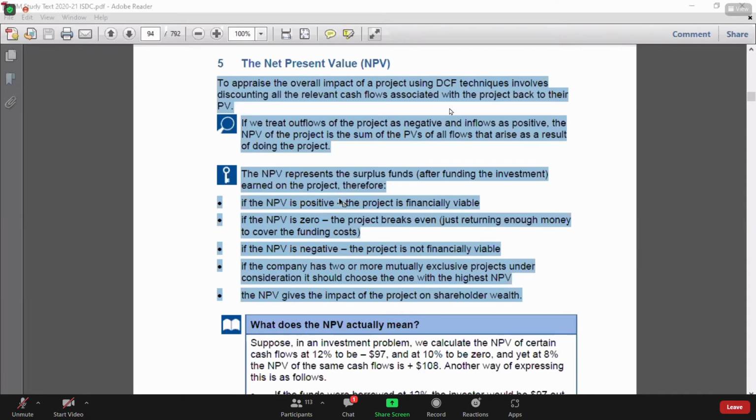Okay. So I hope you are asking about the last one, right? NPV gives the impact of the project on shareholders' wealth. It means that whenever the finance manager is selecting a project, the main point he needs to focus on is whether the project has the capacity to maximize the wealth of shareholders, or technically whether the project can increase the share price in the market.